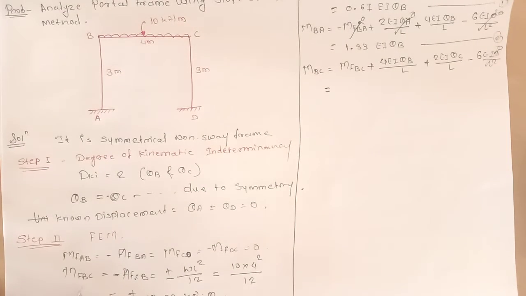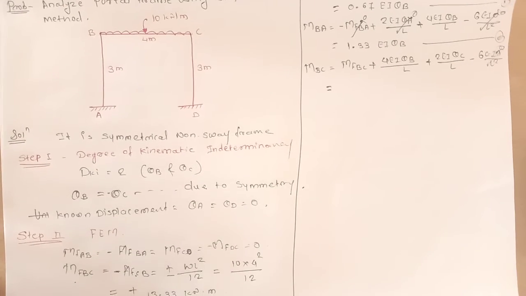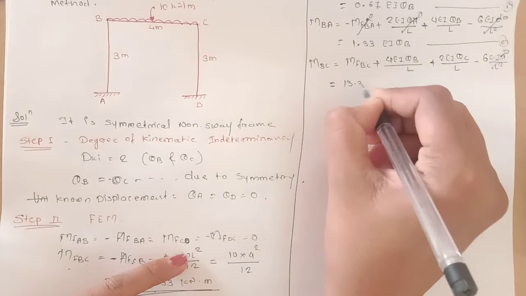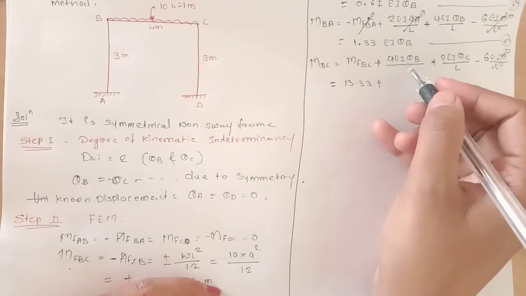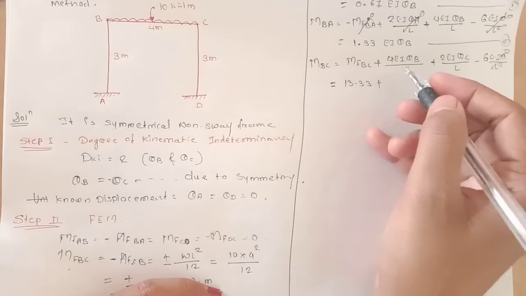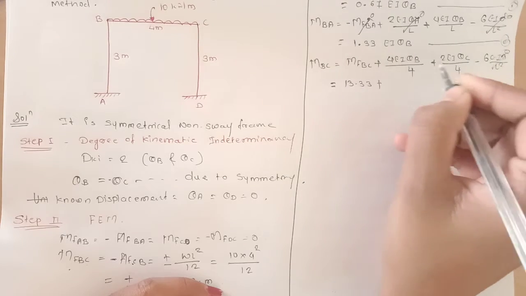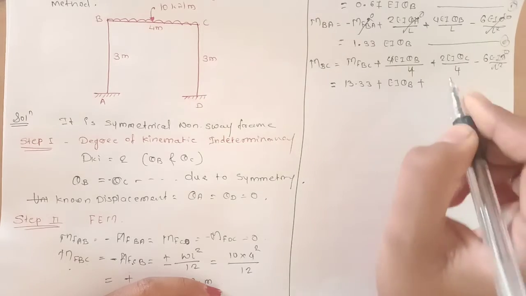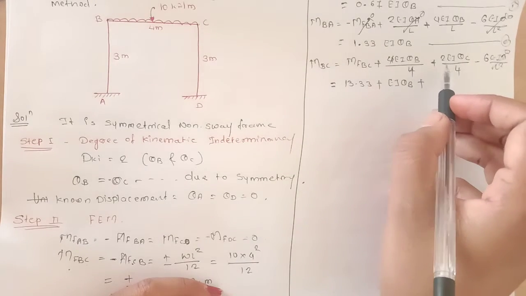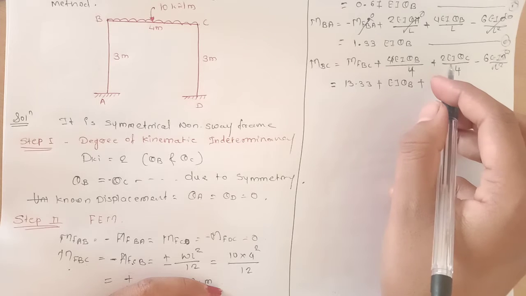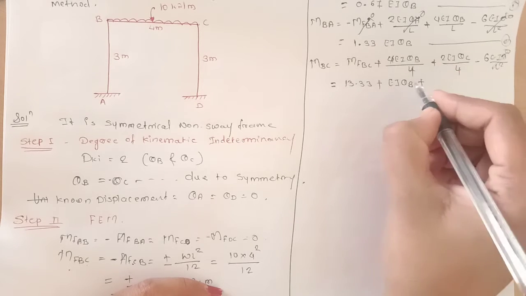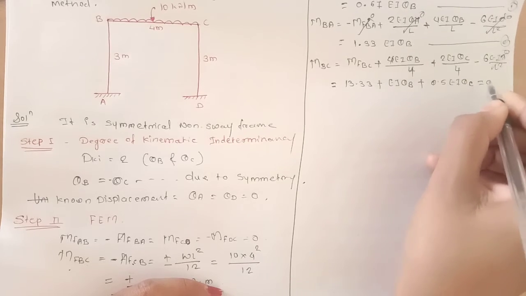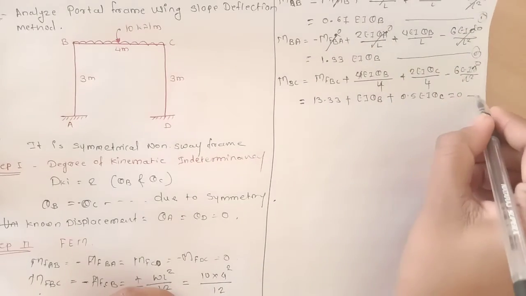So 13.33 plus 4EI theta B divided by length 4 meter. The 4 gets cancelled, so only EI theta B remains. Then 2 divided by 4 is 0.5 EI theta C. This is equation number third.